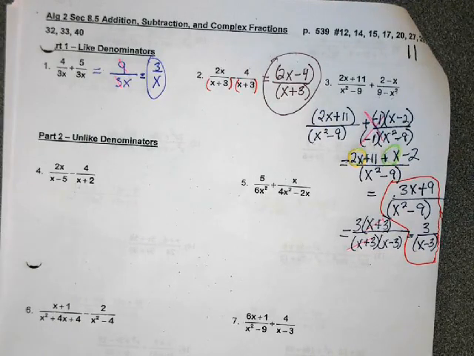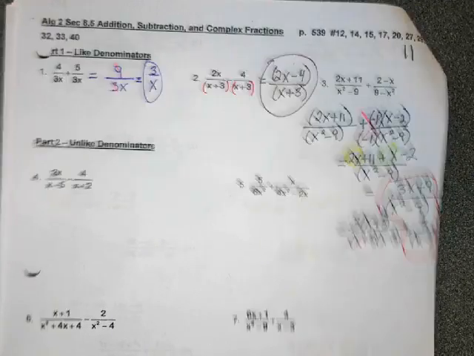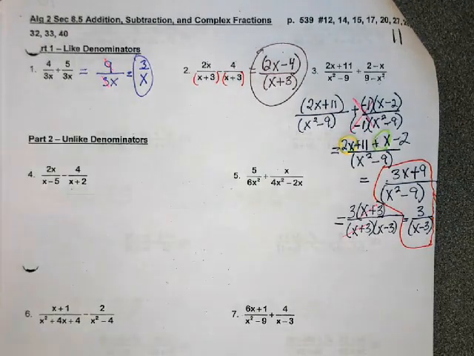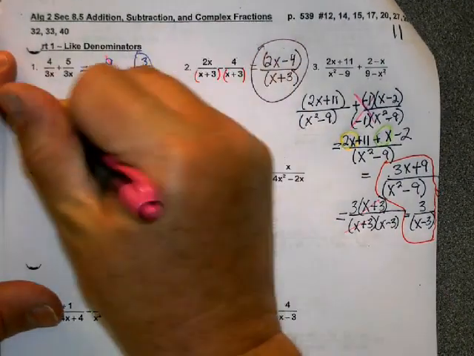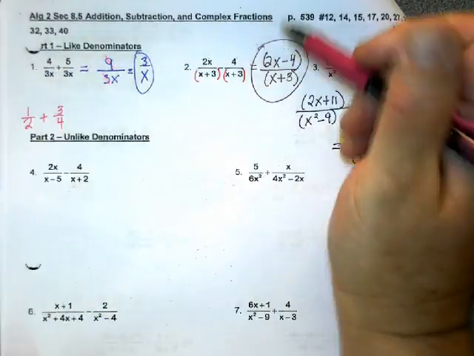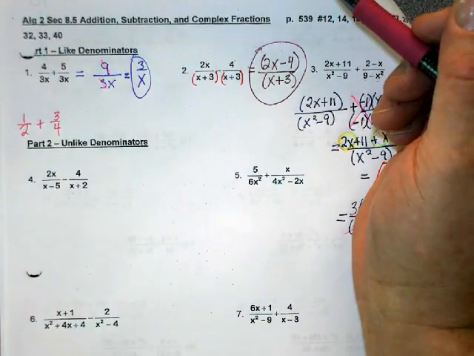Are you ready for some real fun? Let's do some unlike denominators. Oh, back in the day, when you guys were to add, let's say, 1/2 plus 3/4, you had to come up with a denominator, right?